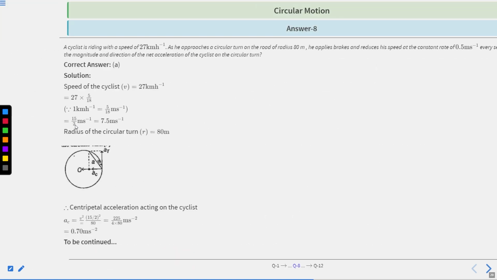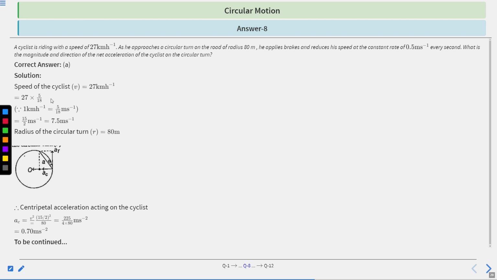Let's find the solution. The speed of the cyclist is 27 km per hour. Now convert this kilometer per hour into meter per second. We know 1 kilometer per hour is equal to 5 divided by 18 meter per second, so 27 multiplied by 5 by 18 gives 7.5 meter per second.